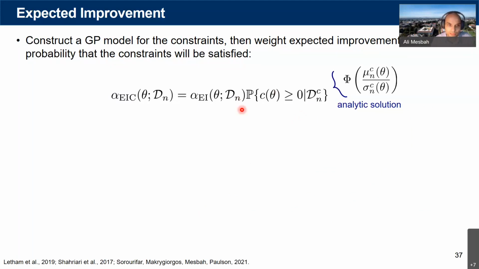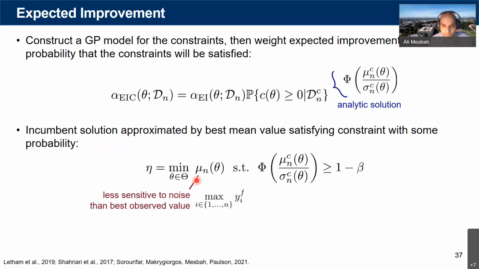The other important question is what we take as the incumbent solution. This incumbent solution can be approximated by the best mean value that satisfies the constraint. So you have essentially two options. You can either take the best value of the function or the best mean value. And the best mean value is regarded to be less sensitive to noise, especially in stochastic settings.